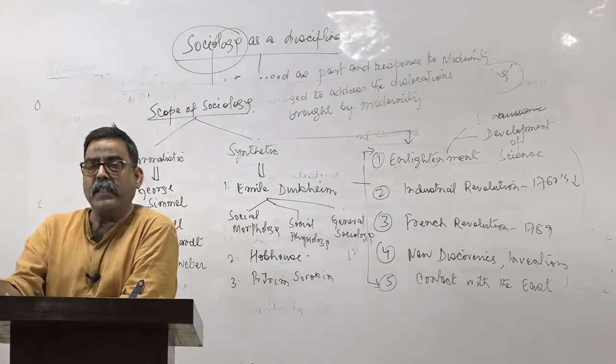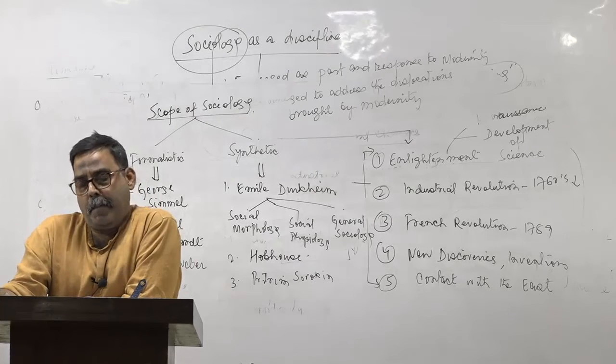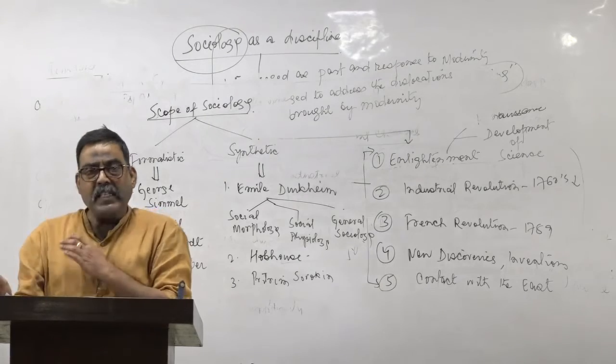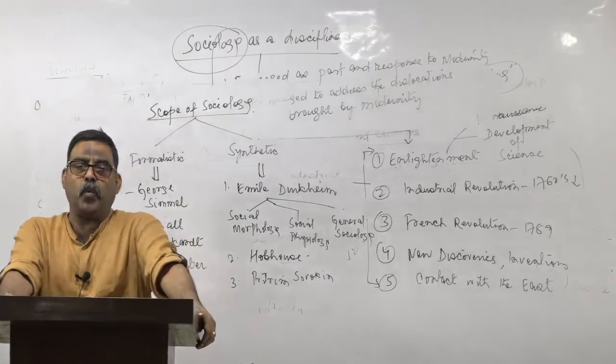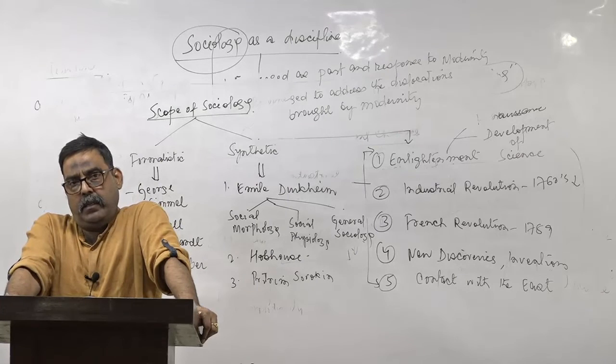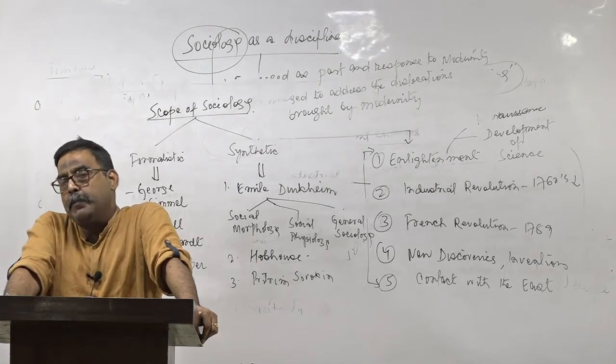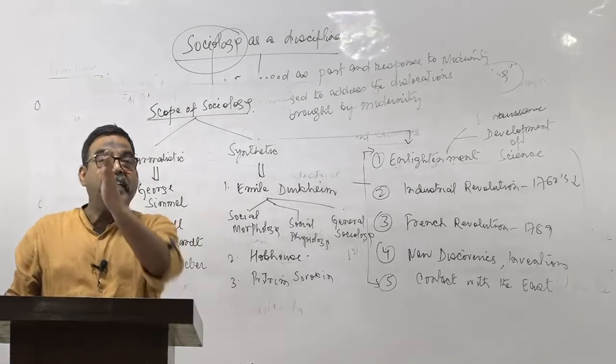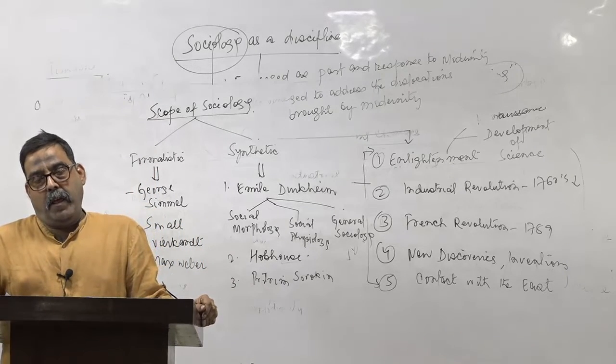And the second sentence which you need to remember: the difference between the social sciences is not what they study. The difference between the social sciences is how they study, what perspective they bring to study the phenomena.